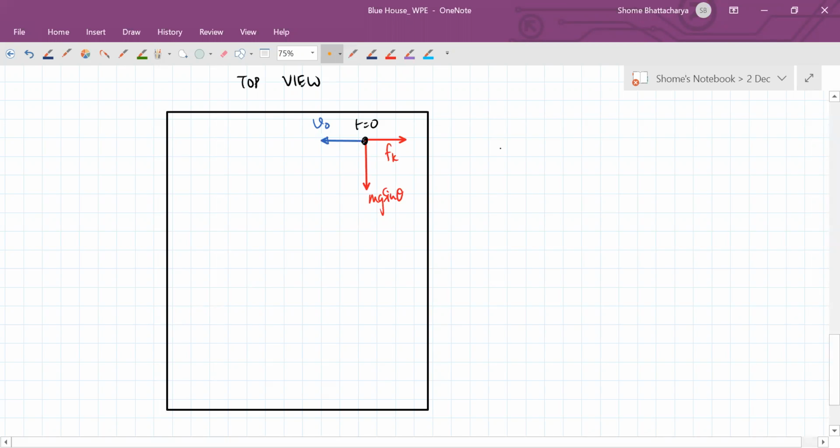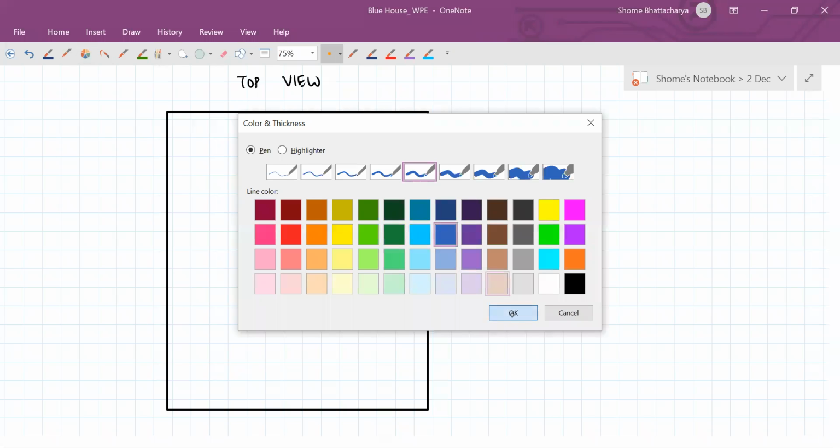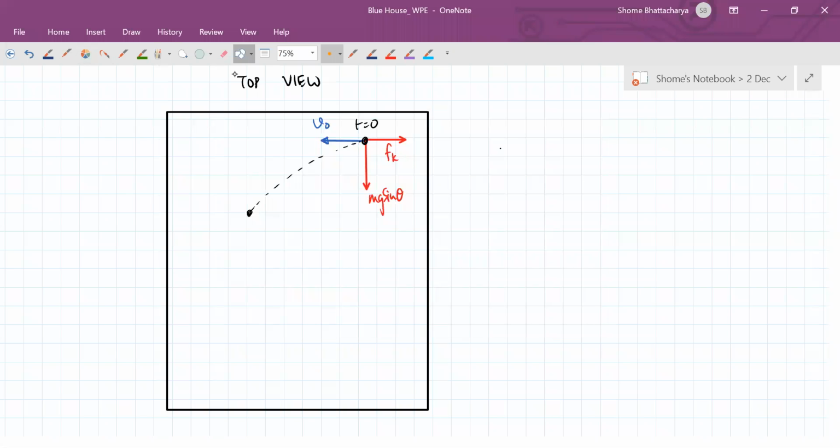But as the object starts slipping, after some time, let's say it reaches here. At that point of time, what is the direction of its velocity becoming? It's becoming like this.